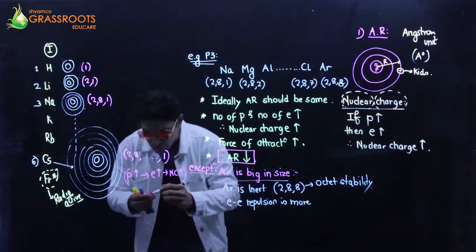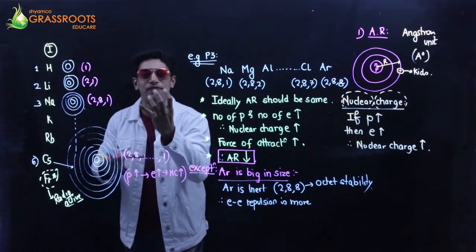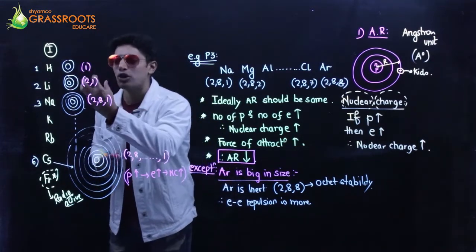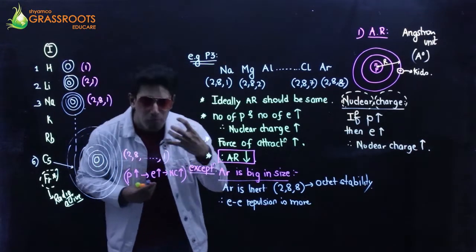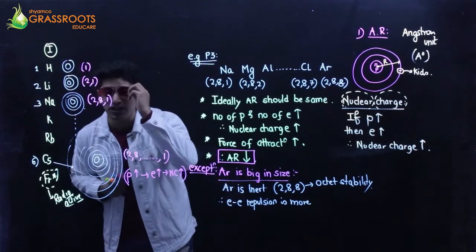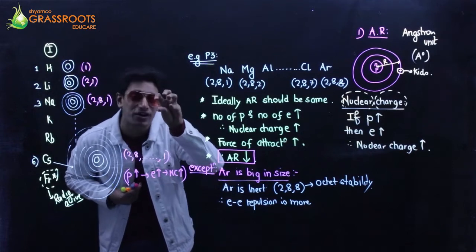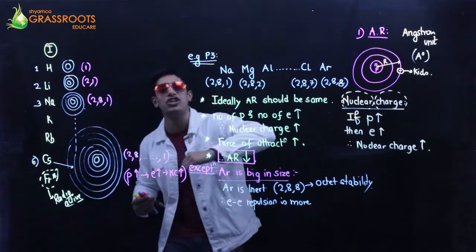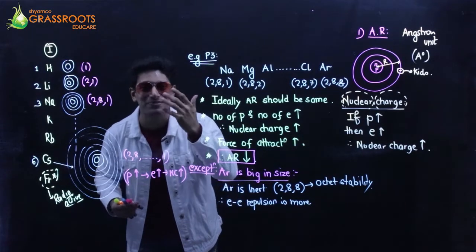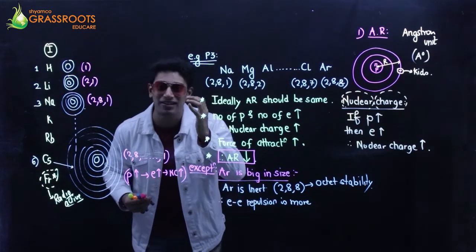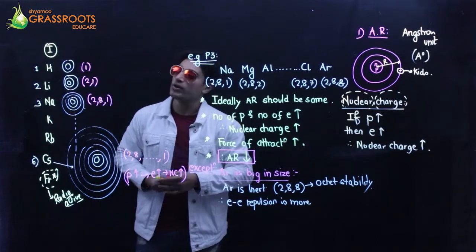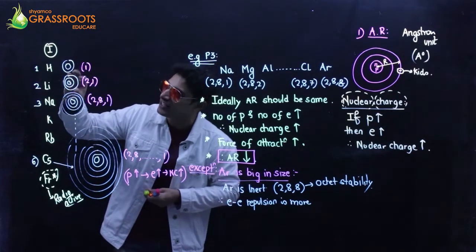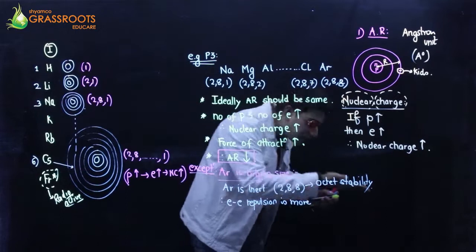Perfect. So if nuclear charge increases, the pulling effect also increases. Hey, come close children, let's have a bond together. So because of the pulling charge, ideally the atomic radius should decrease because of the nuclear charge increase. Are you understanding what I'm saying? Think, it's interesting. Don't sleep. Atomic radius should decrease.